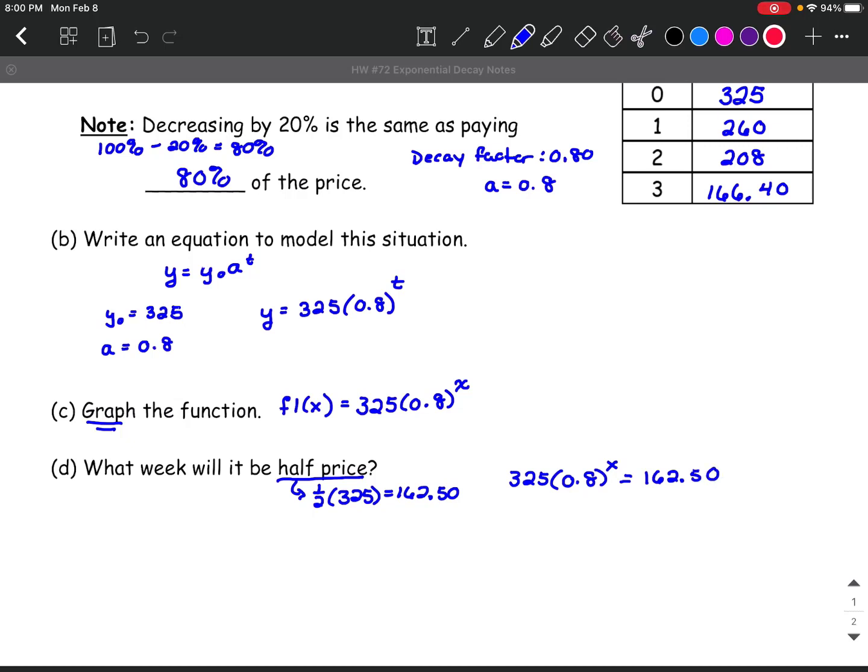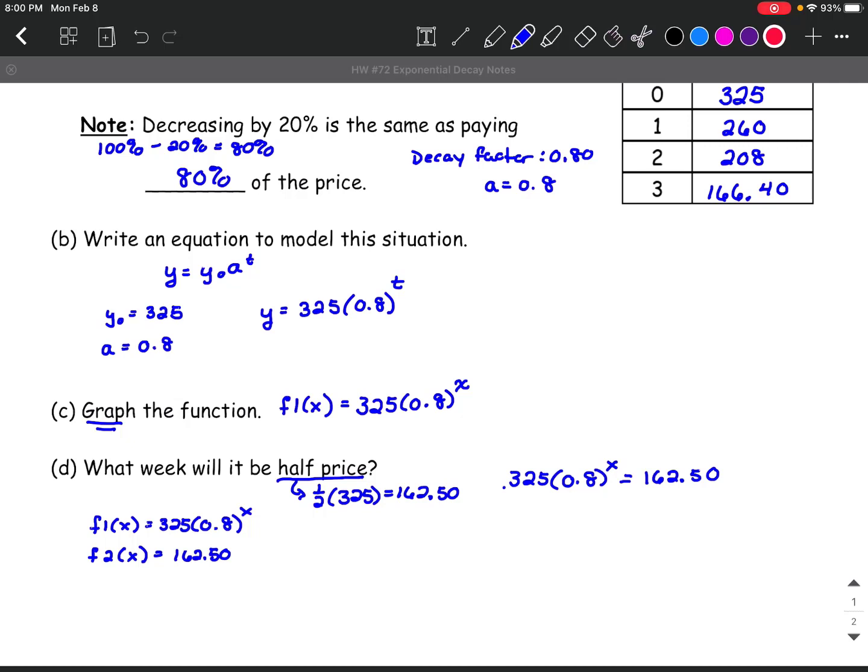In order to do this, now remember in our calculator we already have 325 times 0.8 raised to the x. That's already in our first function. So in the second function, we're going to put the other side of the equation, $162.50. We're going to get a horizontal line, and we want to find that point of intersection. That'll tell us when our exponential function equals the half price.